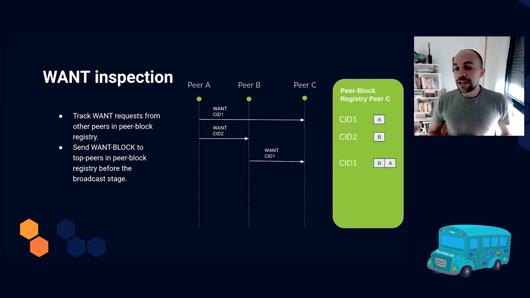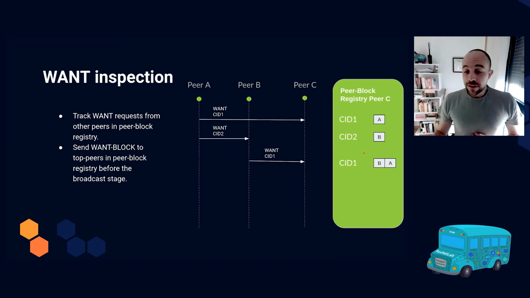If we receive a want for a CID from peer B, for instance, the peer block registry tracks this and updates itself to add B as the most recent peer that has asked for that content.